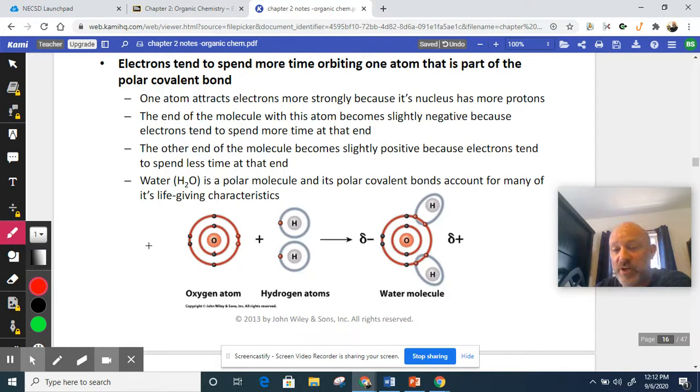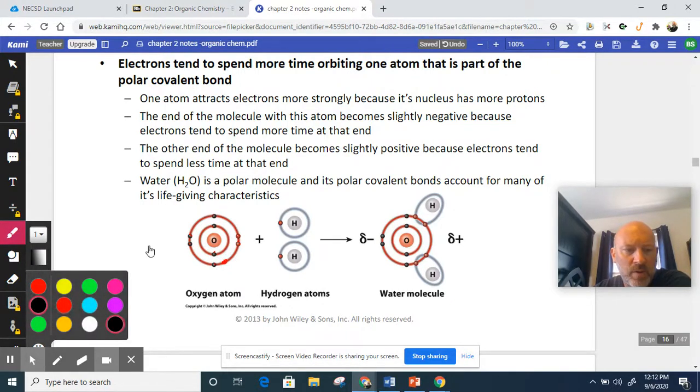Well, hydrogen, if you remember, only has 1 electron in its outer shell. Remember, the first shell can only hold 2. Hydrogen only has 1 shell, so it's only looking for 1 more, right? So what hydrogen can do is it could kind of come over here and become part of this outer shell here on this oxygen.